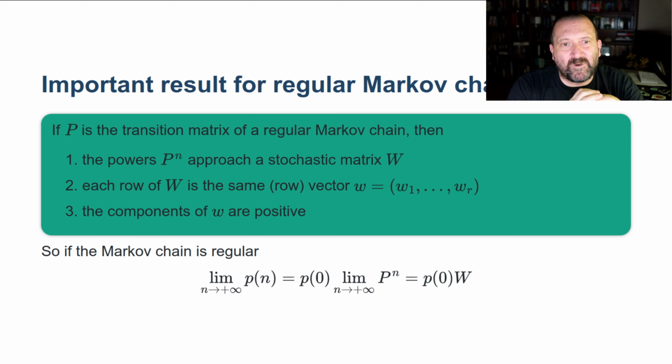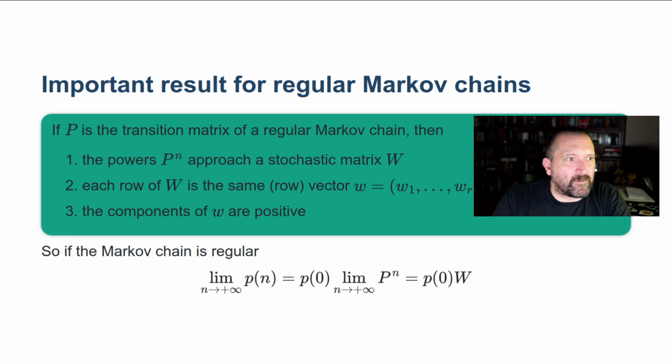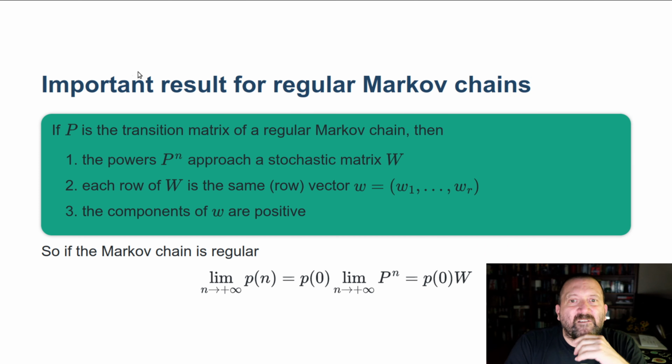If we have a regular Markov chain, then the powers of the transition matrix approach a stochastic matrix, where each row is a row vector, w1 to wr, that has positive components.